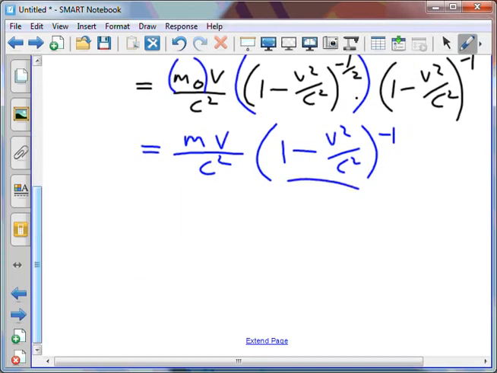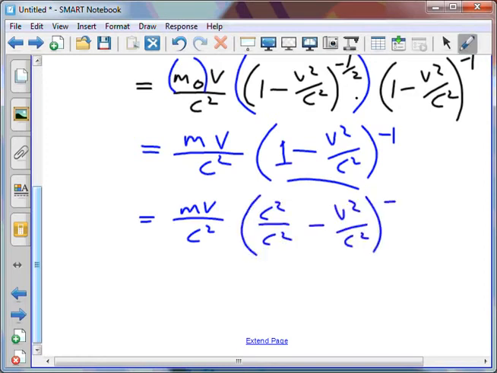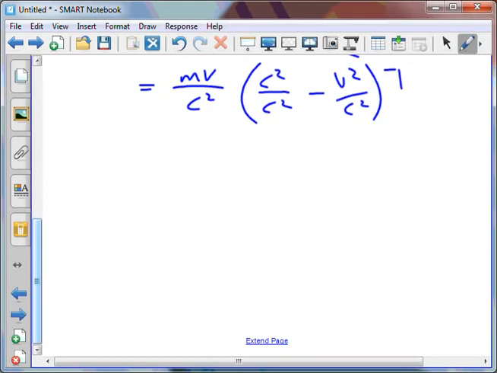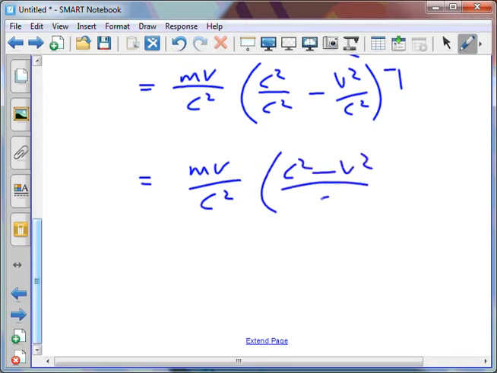I could express this in a different way. The number 1 can be thought of as c²/c² minus v²/c². And that'll give me mv/c², c² minus v² on c², power of negative 1.